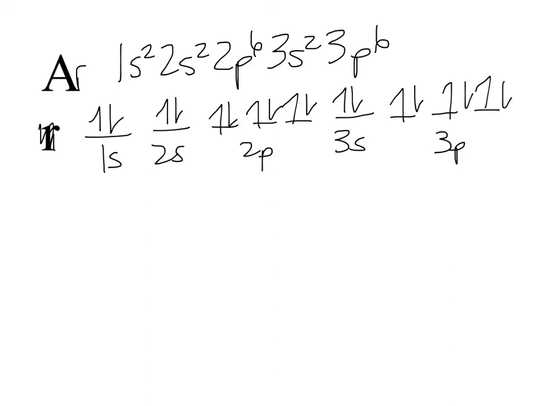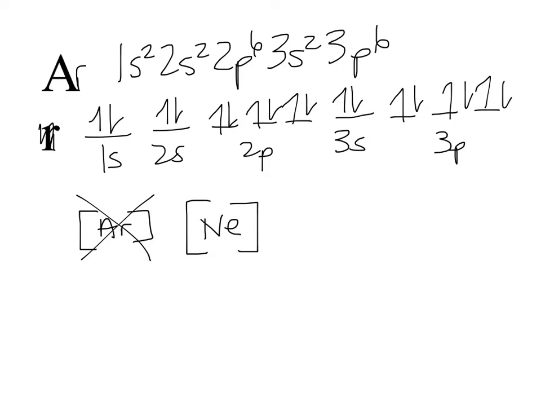And so in looking at this, next I want to do the noble gas configuration. Some people think, oh, this is easy, I just put AR in brackets and I'm done. No, it doesn't work that way. The noble gas, for a configuration of a noble gas, you have to follow the same rules, and so I have to put in square brackets the prior noble gas, which is neon, and I start over at the 3s2, 3p6.